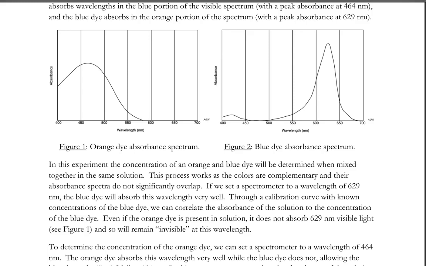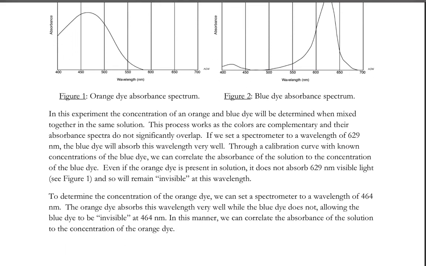And from the absorbance value, from the linear fit to the orange data, the calibration graph, the calibration equation, we will be able to determine the concentration of the orange dye component, and we will do the same for the blue at its absorbance, at its analytical wavelength. So we will be doing the dilutions for both the orange and blue components and creating a calibration graph for each part.